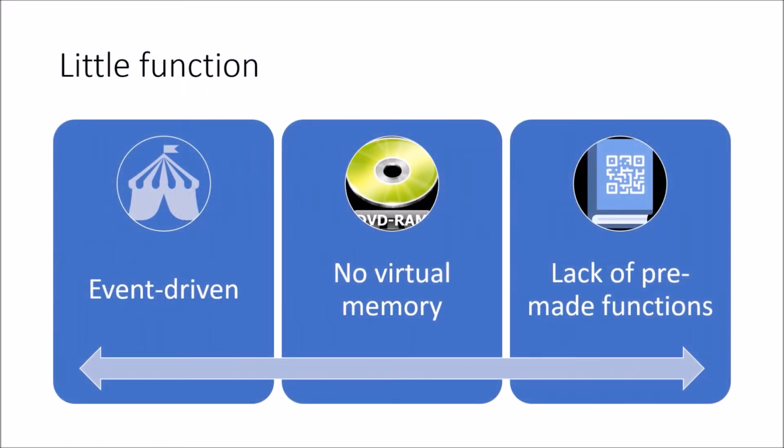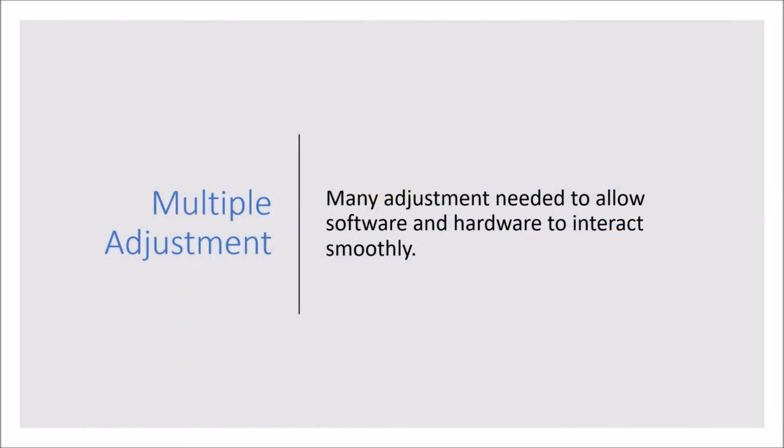TinyOS has little function because it is event-driven and it has no virtual memory and lacks pre-made functions. Multiple adjustments: many adjustments are needed to allow software and hardware to interact smoothly.